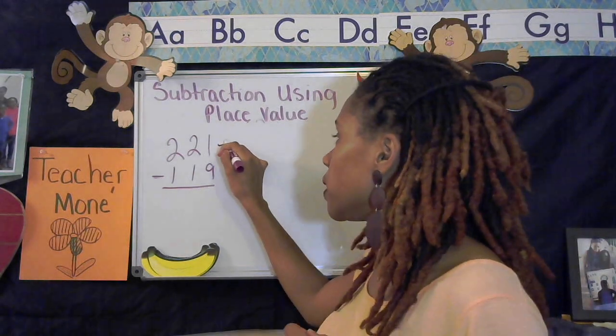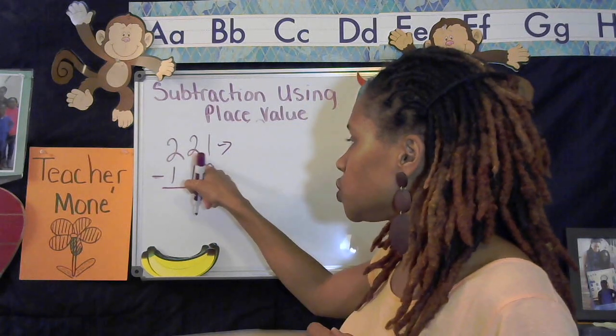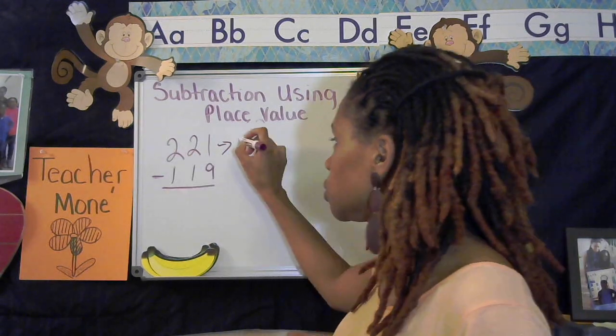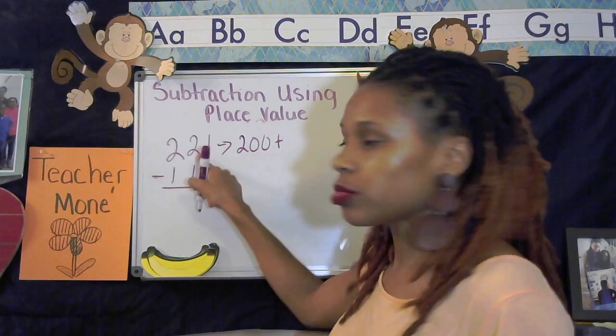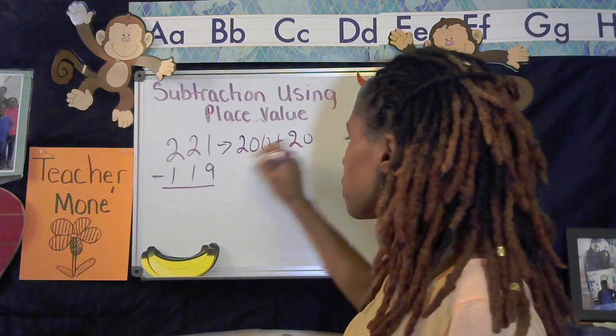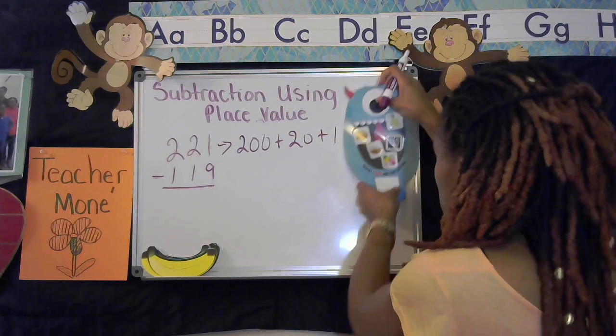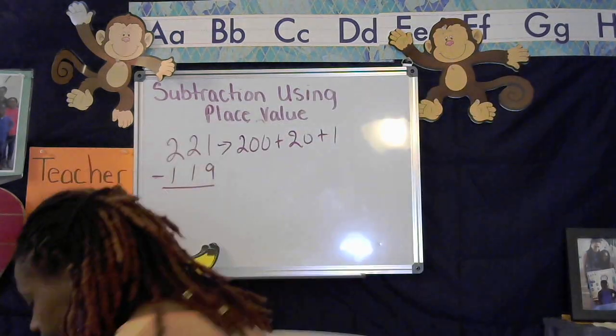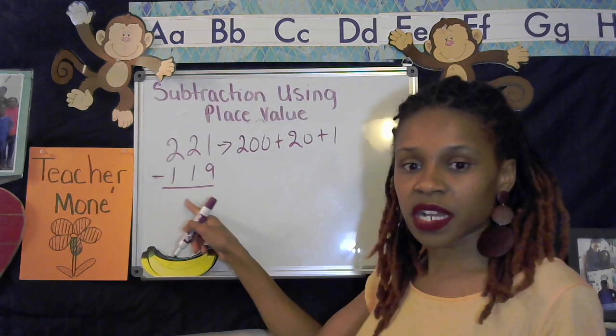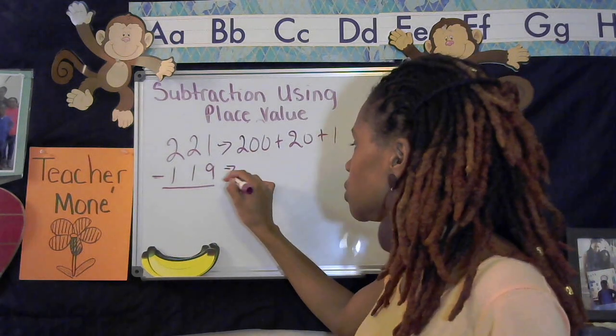Okay? So here I'm going to expand this number. 221, I have 200 plus 20 plus 1. Let me move my little monster. Okay. Then I have 119, so I have 100.